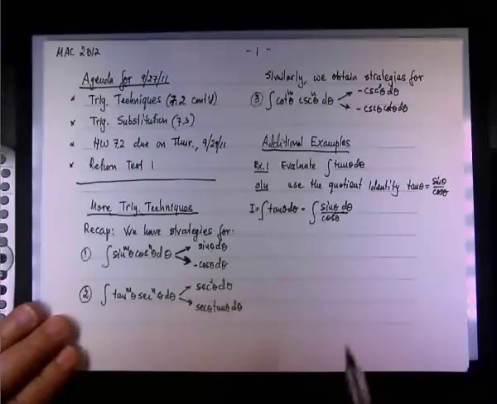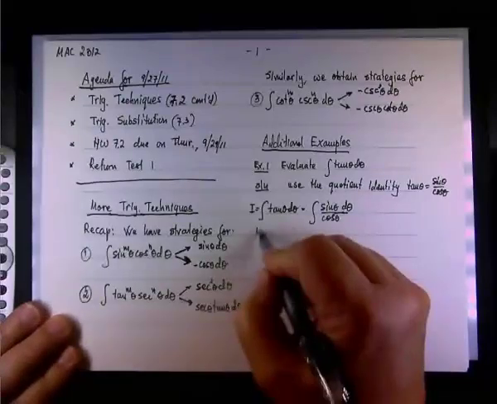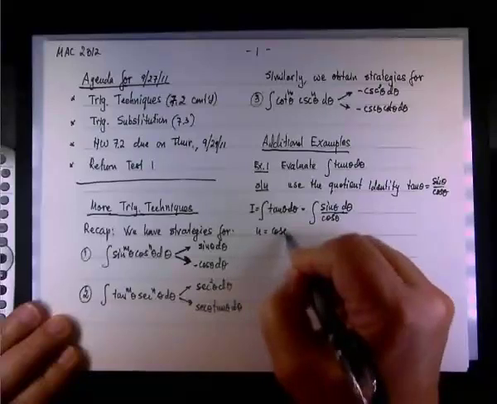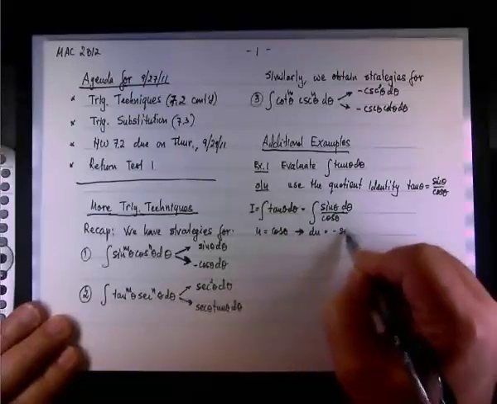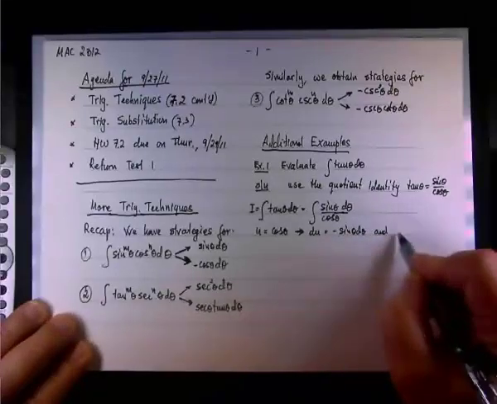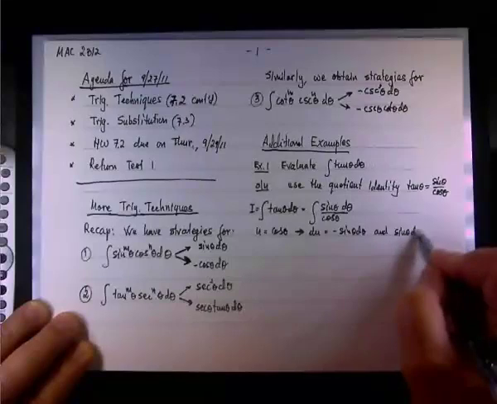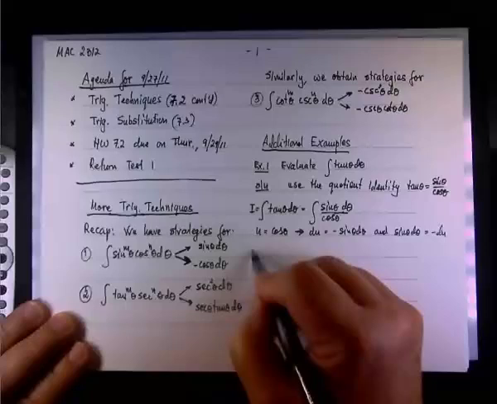If you take the derivative of cosine theta, you get negative sine theta d theta. So if cosine theta is u, then du is negative sine theta d theta, and sine theta d theta is simply negative du.